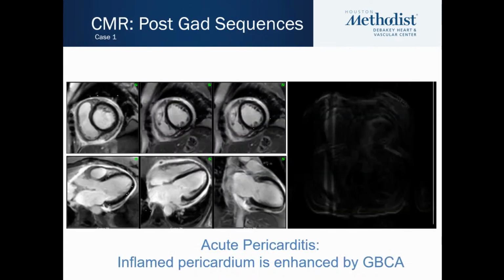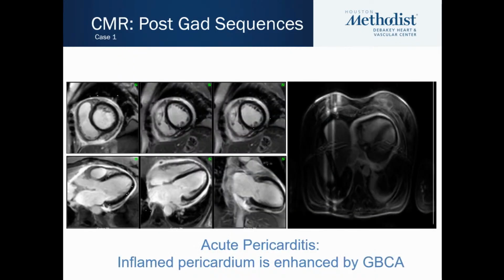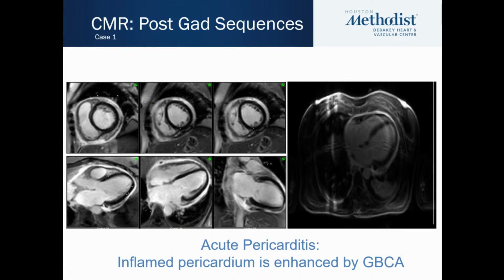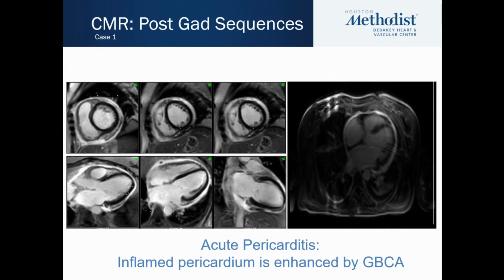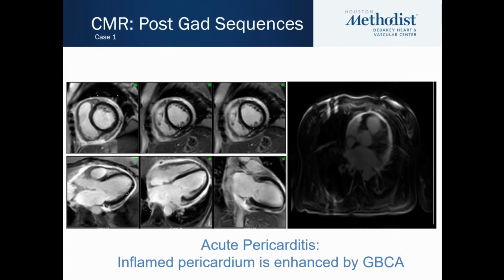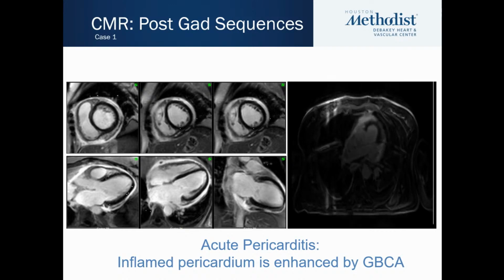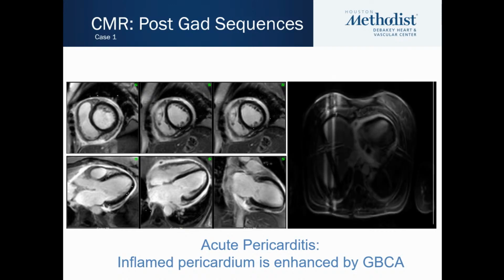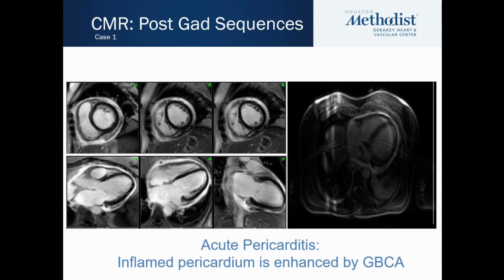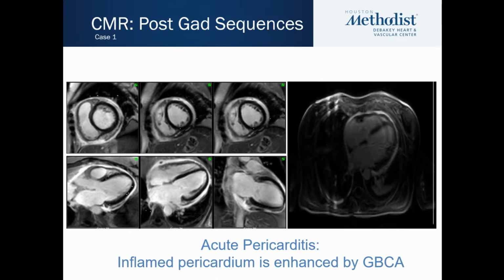But of course, to make the diagnosis, you want to see the pericardium. And so we were able to see that the pericardium was thick. We were able to see that there's some water in it. But with these LGE sequences, a normal pericardium is really an avascular structure. There's not too much blood supply to the pericardium.